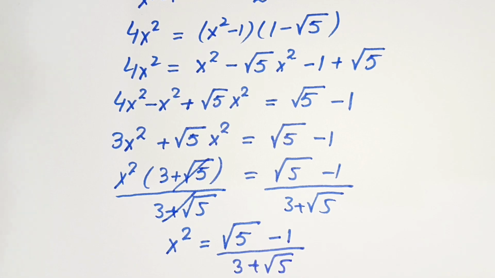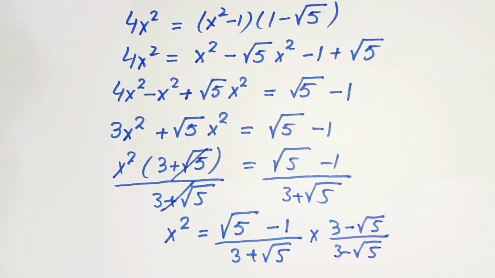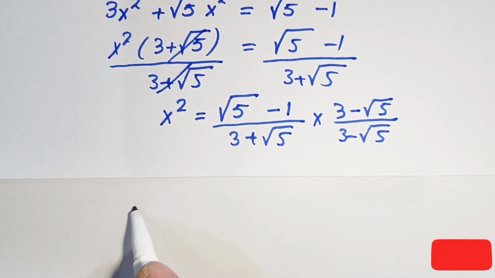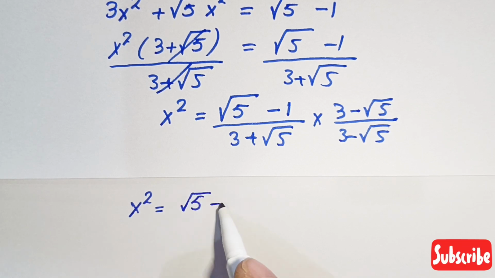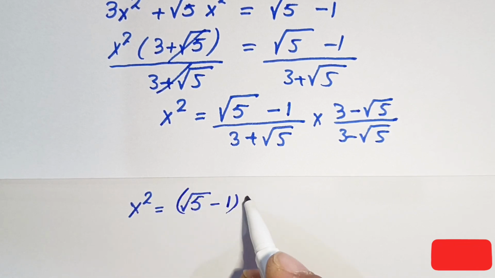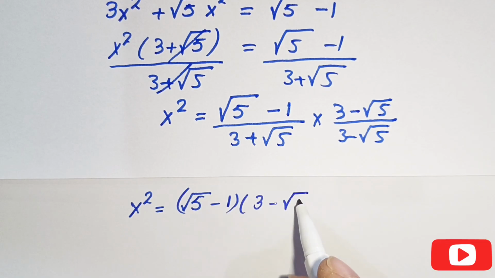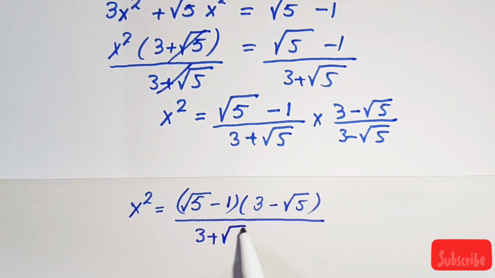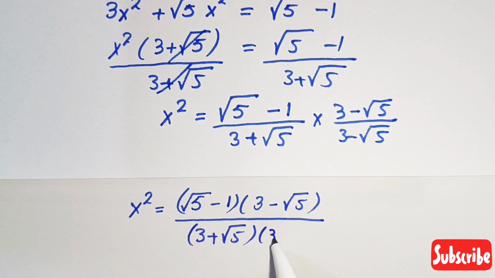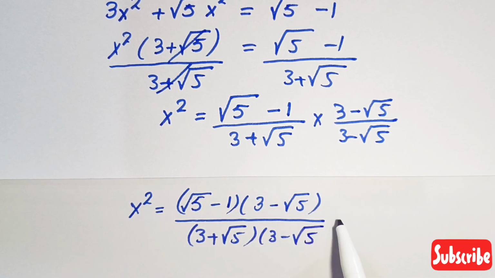So now if we multiply by 3 minus square root of 5 divided by 3 minus square root of 5, we have x squared is equal to square root of 5 minus 1 times 3 minus square root of 5, all over 3 plus square root of 5 times 3 minus square root of 5.